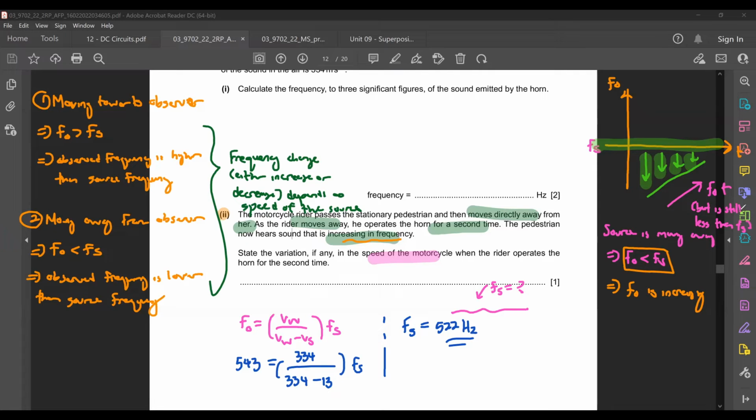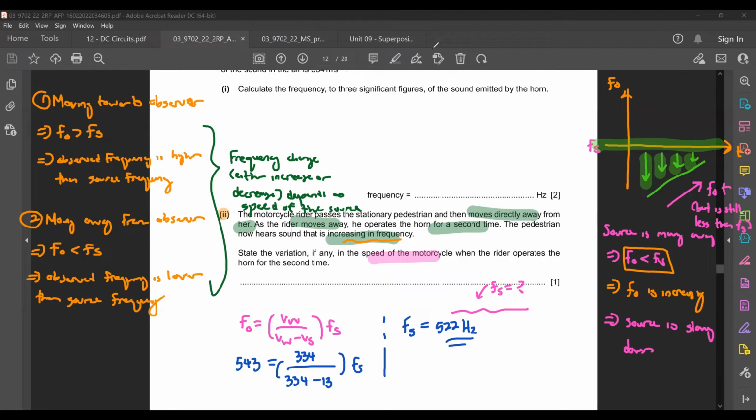It's still less than your source frequency. Okay, so in my case, because my observed frequency is seen to increase right now, I can actually say that the source is slowing down.